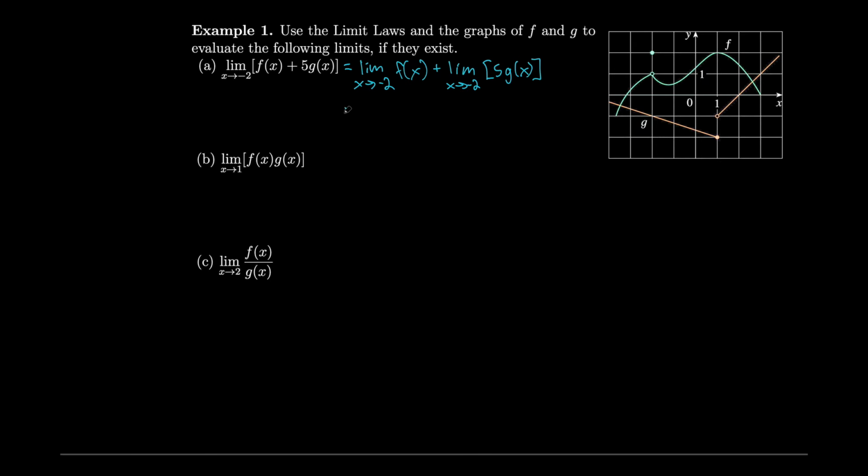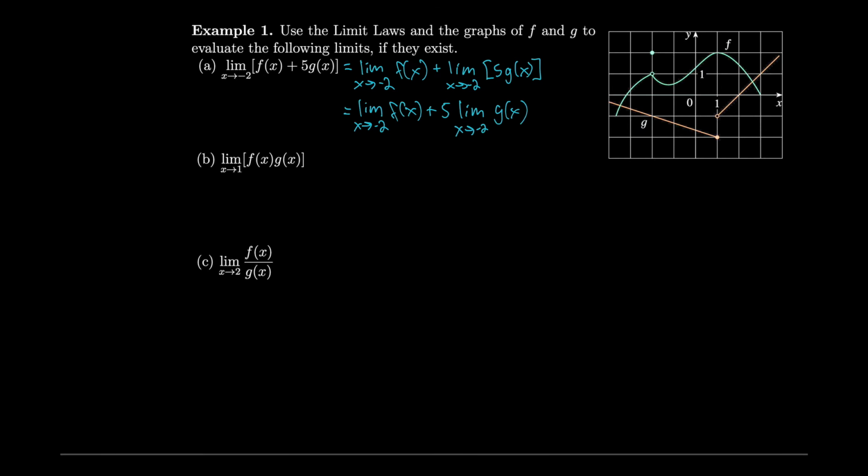This is equal to the limit as x approaches minus 2 of f of x plus 5 times the limit as x approaches minus 2 of g of x. We can basically pull that constant 5 out.